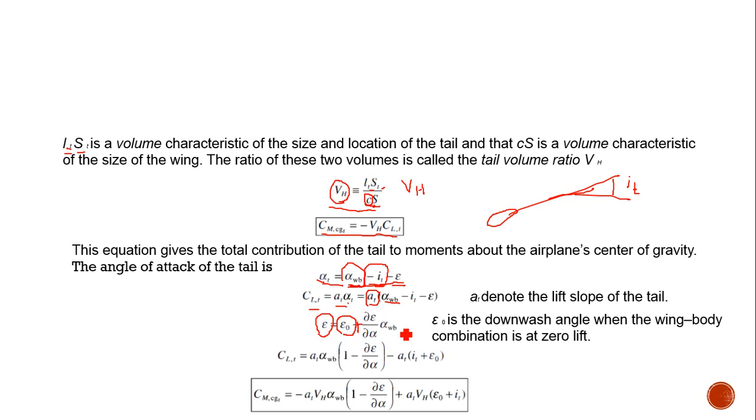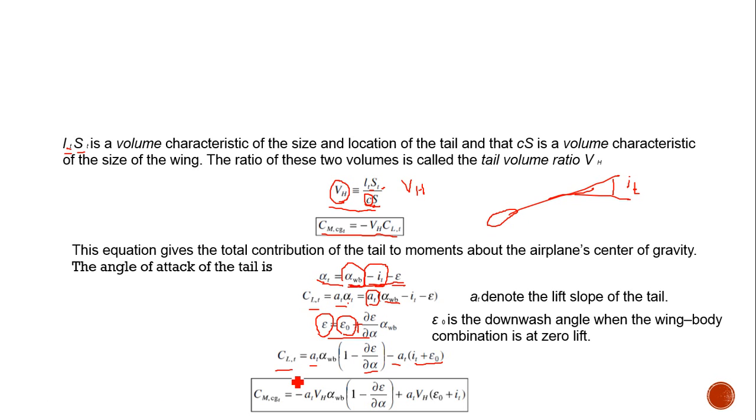So straight away we can put the value of epsilon here. The equation becomes CLT equal to A into alpha B into 1 minus dou epsilon divided by dou alpha, minus AT into IT plus epsilon 0.